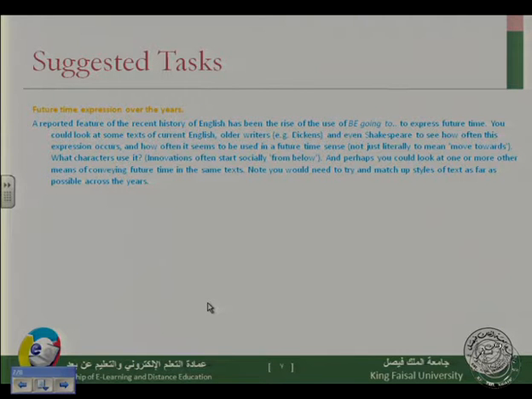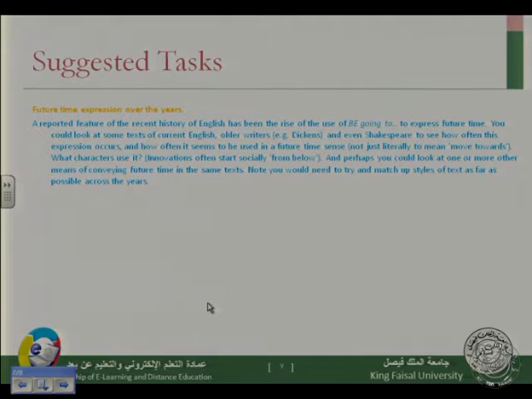You can check over time how this was developed, starting, for example, from Shakespearean time. Did they use this expression a lot until nowadays? You would see very interesting results.